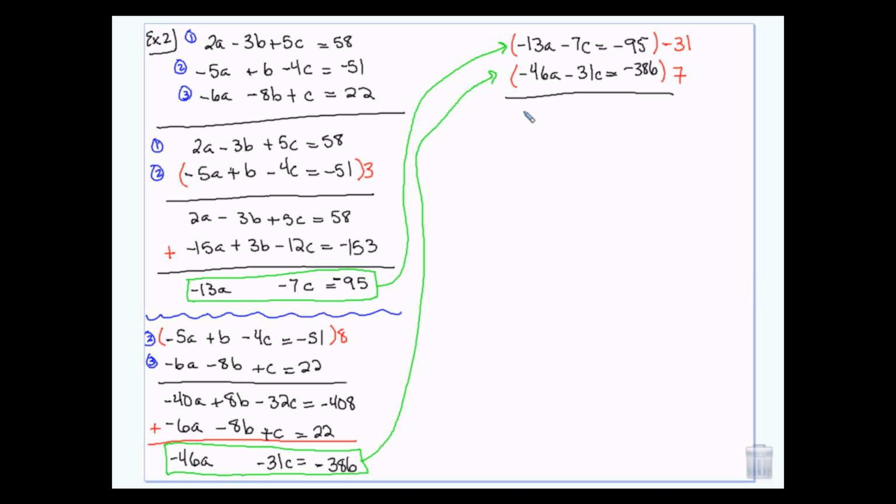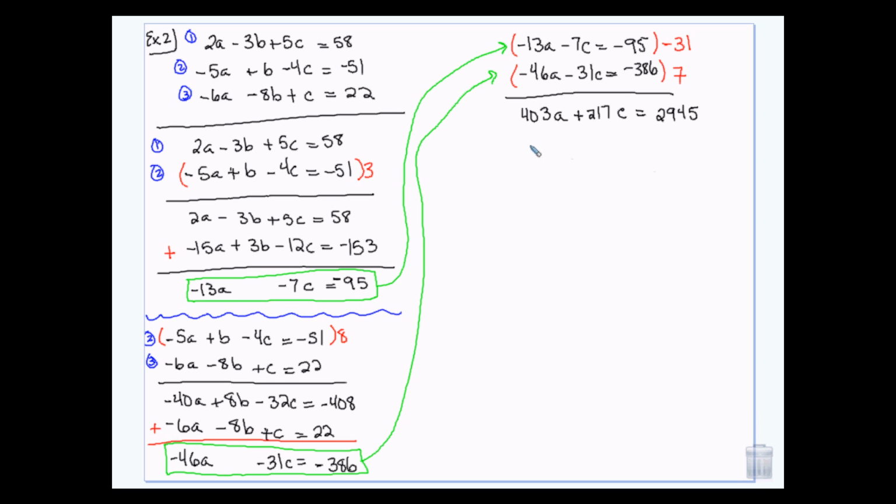So 13 times 31 is 403a plus 217c is equal to 2,945.